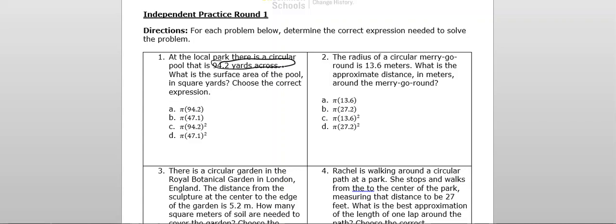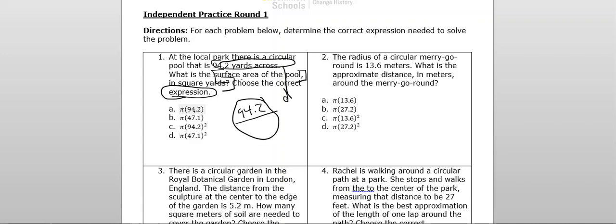And I know that across means I've been given the diameter. What is the surface area of the pool in square yards? Choose the correct expression. Surface area of the pool means I just want to find the area of this circle, which has a diameter of 94.2 yards. So I'm being asked to find the area.